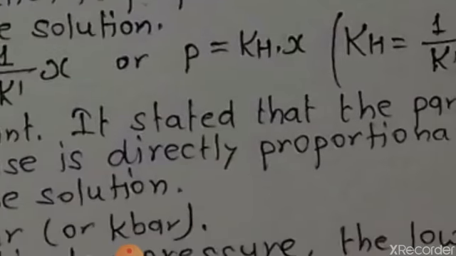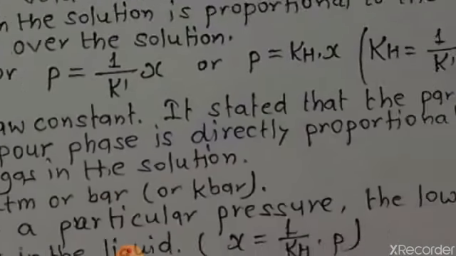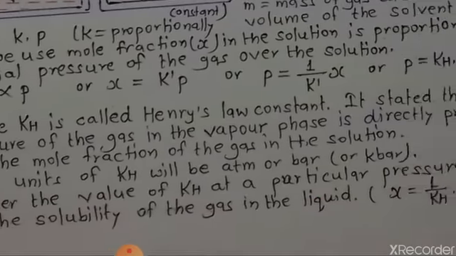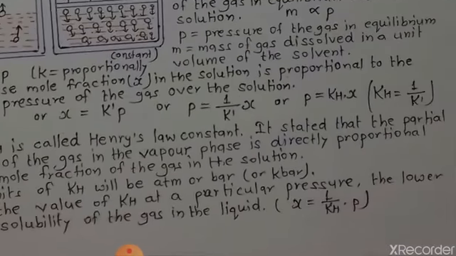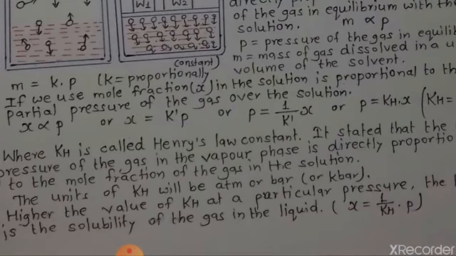kH is Henry's law constant, and it states that the partial pressure of the gas in the vapor phase is directly proportional to the mole fraction of the gas in the solution. The unit of kH will be atmospheric pressure, or bar, or kilobar. Student, remember, the mole fraction of gas is always inversely proportional to Henry's constant.